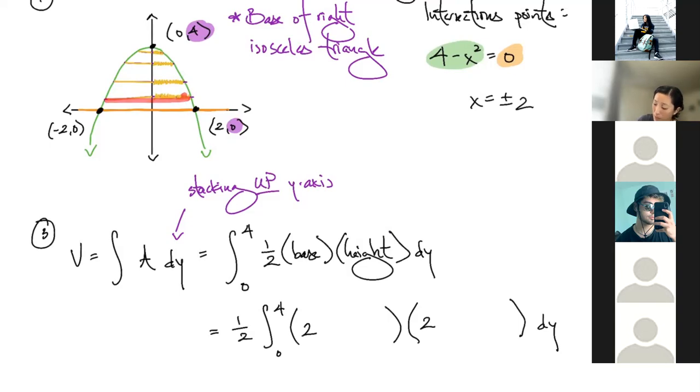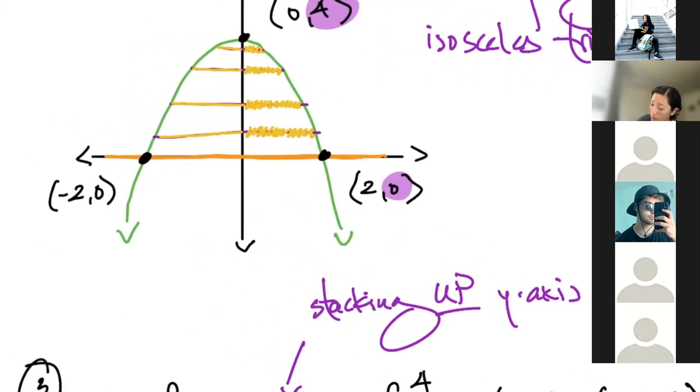Okay, and maybe it's easier if we think about it with numbers. How long is this distance right here? That's 2, right? Okay. How long is this whole distance? 4, okay. So you did 2 times 2, which gives you 4.